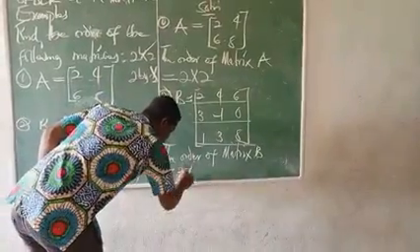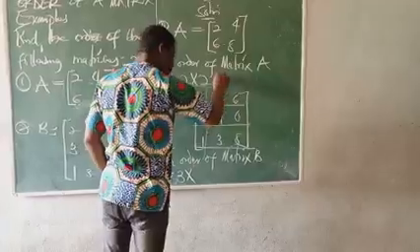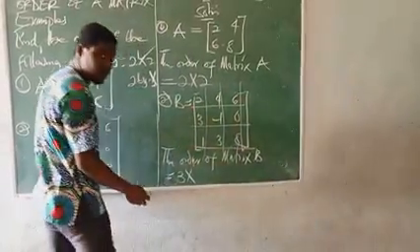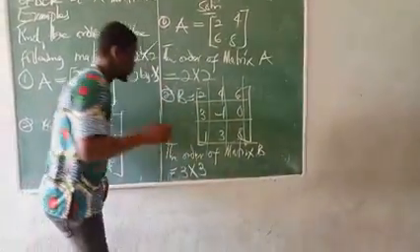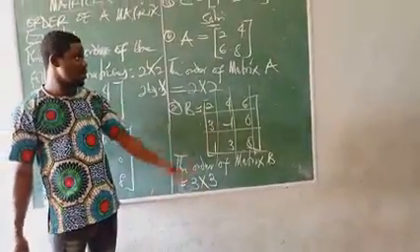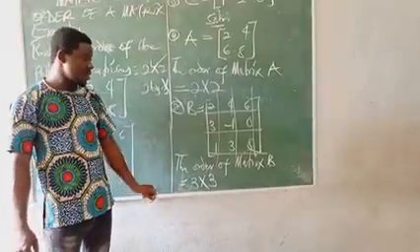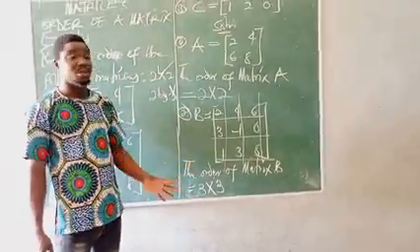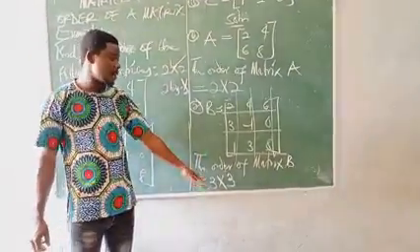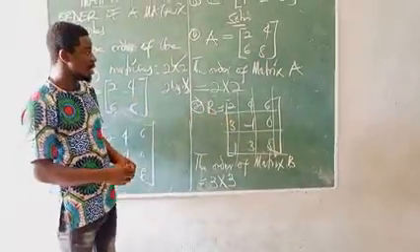So we have 3 rows by column 1, column 2, column 3. So we have 3 by 3. So this particular matrix is a 3 by 3 matrix because it has 3 rows and 3 columns. So that is the order of this particular matrix B.